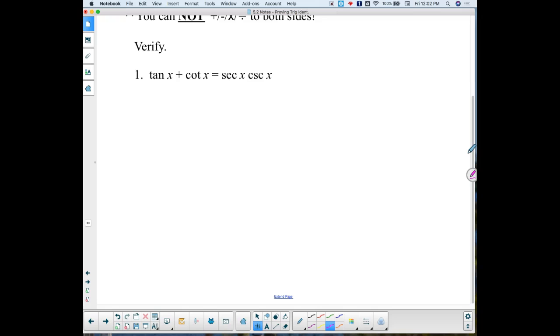So I would say, with great certainty, that the left side is more complicated than the right side. Okay? Because tangent is sine over cosine, and cotangent is cosine over sine.